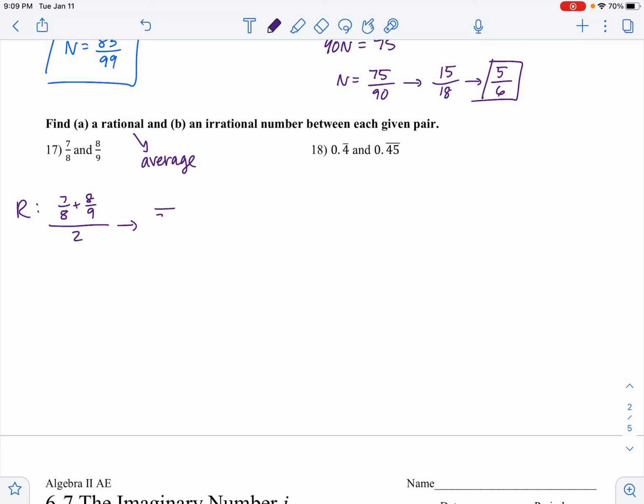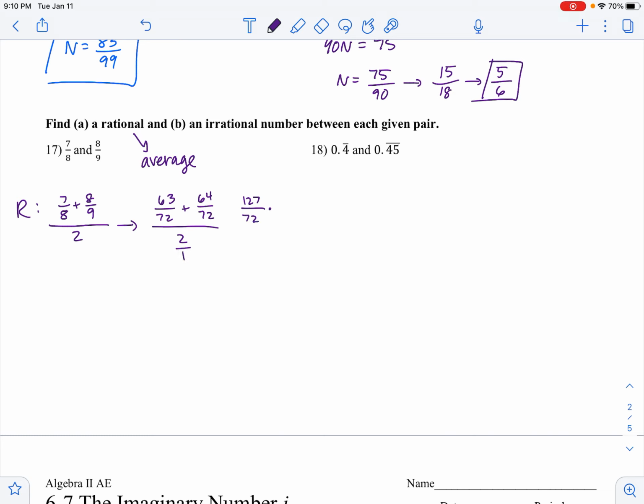I'm going to make these both out of 72, and that is going to be, let's see, I did 8 times 9, so 7 times 9 is going to give me 63. I did 9 times 8, so 8 and 8. And I don't want to forget, I'm dividing that whole thing by 2. That's going to give me 127 over 72.